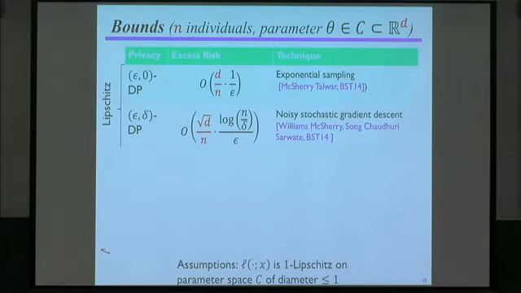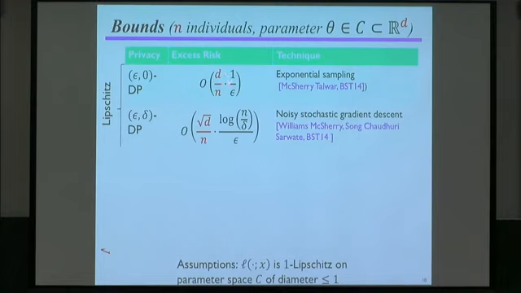Just to wrap up, in terms of what we can say about the actual performance of these methods in the worst case: under epsilon-0 differential privacy, we can get an excess risk that goes to 0 with n, but you pay some price that depends on the dimension.